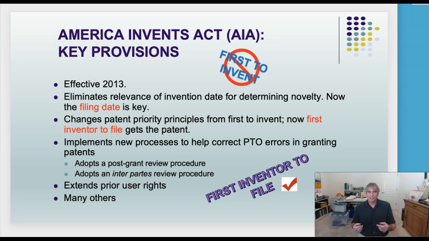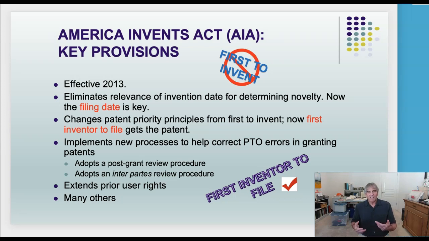In other words, if two inventors had been working on the same project at about the same time, then the first one who invented it would be entitled to the patent. Also, when deciding if an invention were new, the question was whether there was anything out there in public hands before the invention date.